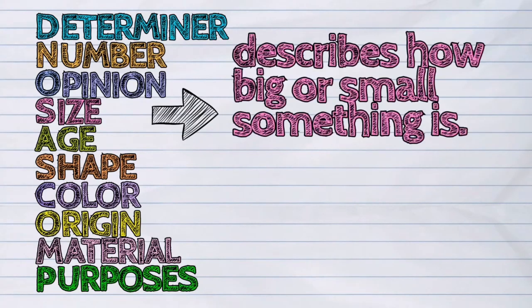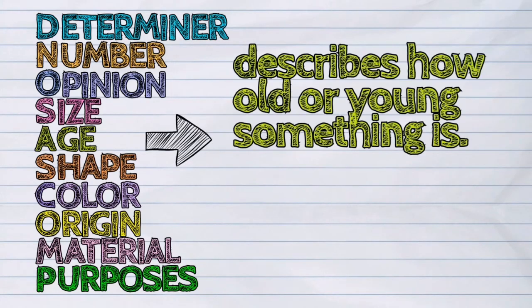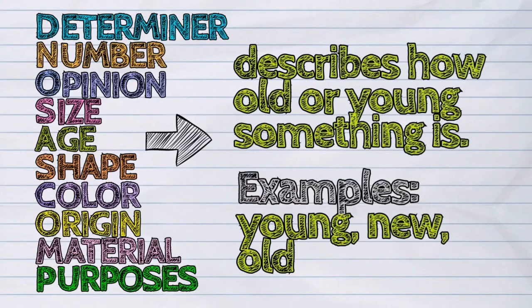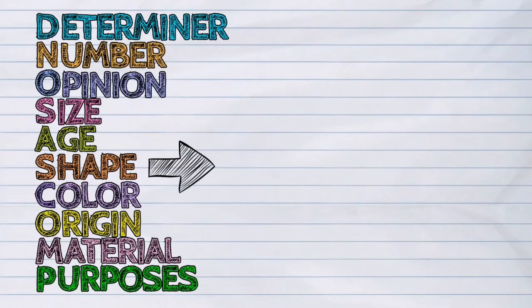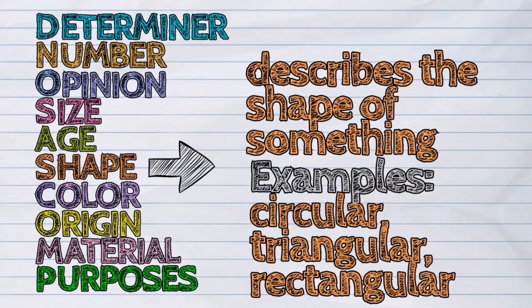Size describes how big or small something is, like huge, tiny, microscopic. Age describes how old or young something is, like young, new, or old. Shape describes the shape of something, like circular, triangular, rectangular.